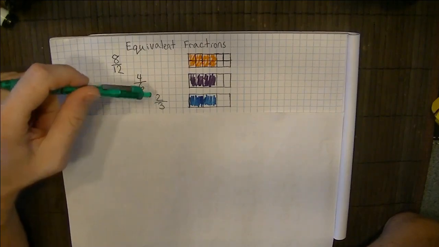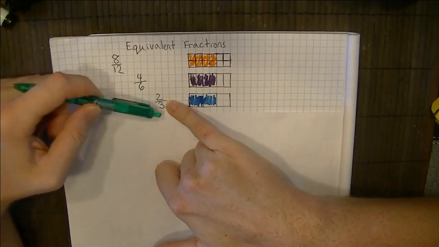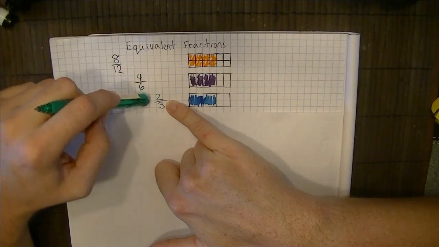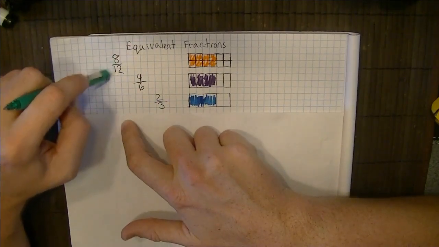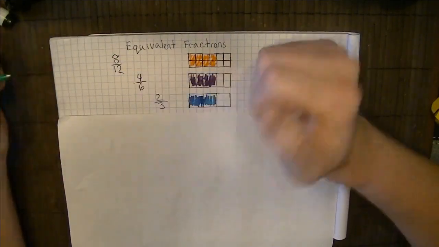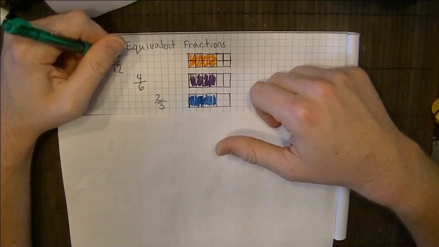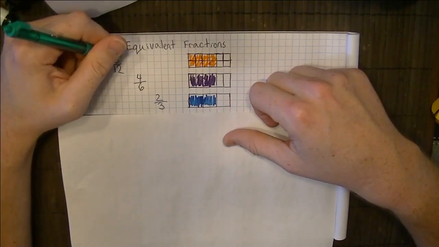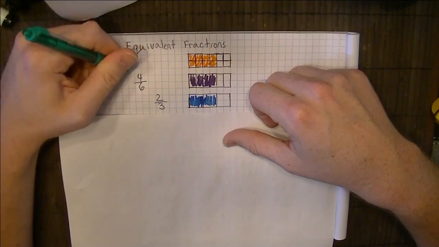You'll notice that the two numbers here that we have, there is no number that goes into both 2 and 3. So let's take a look at 8 and 12. Is there a number that goes into both 8 and 12? Well, 2 does. So we can say, okay, 2 goes into 8, so I could divide this by 2, and I could divide 12 by 2.